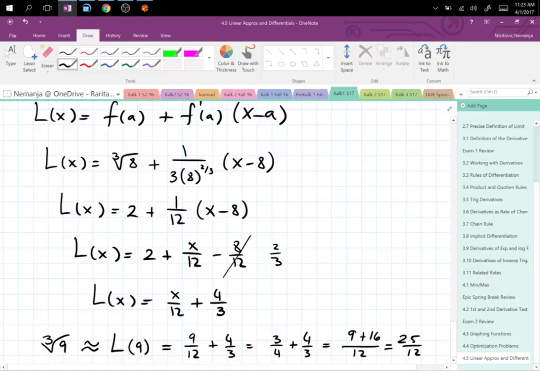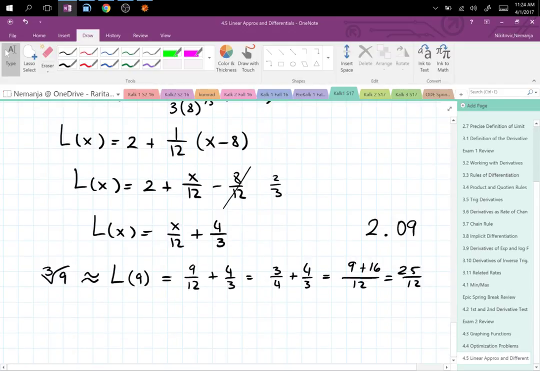Now 25 over 12 is about 2.08. Let me find the cube root now: 9 raised to the 1 divided by 3. Our calculation worked out to be about 2.08, and the calculator is giving me 2.08008.